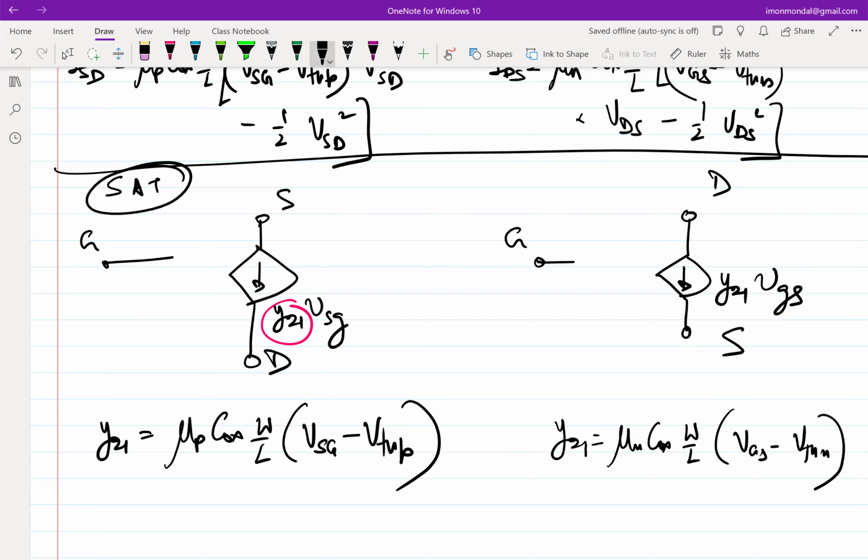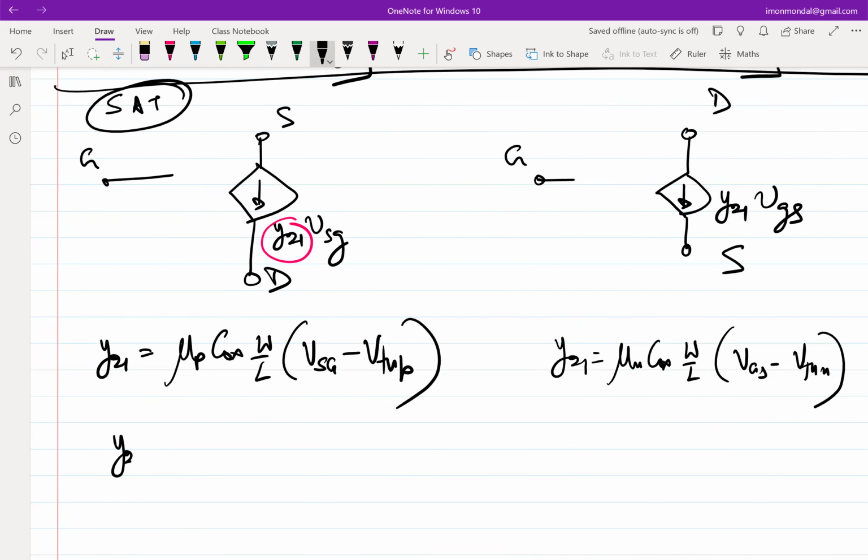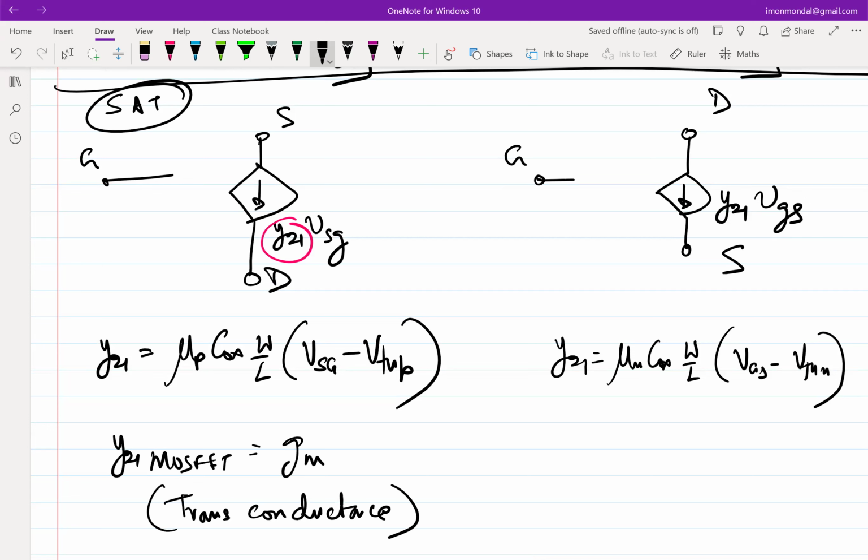So Y21 for a MOSFET is called GM. This is transconductance. G stands for conductance, and GM means the transconductance of a MOSFET.